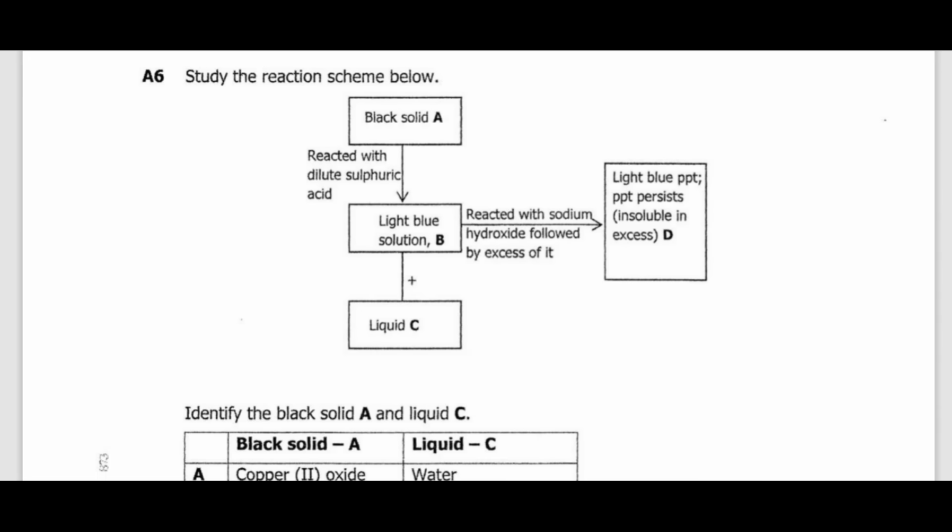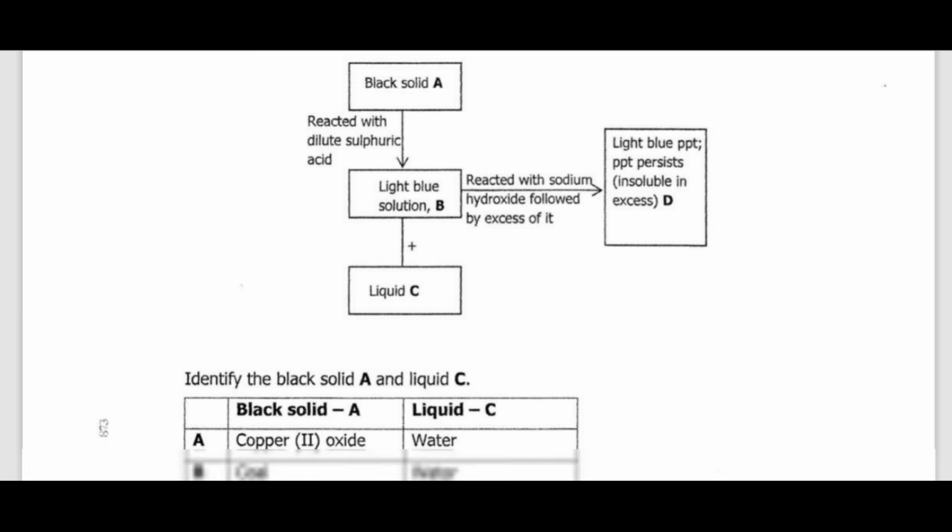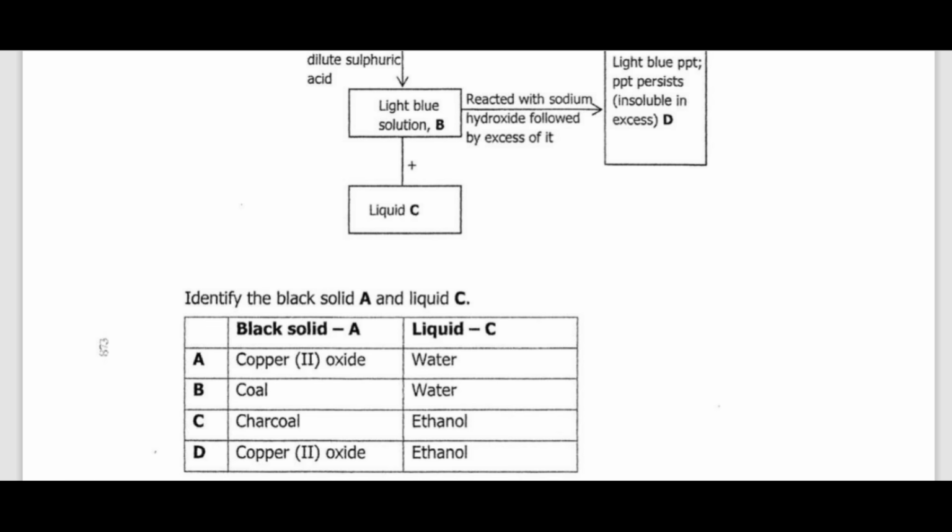6 here. Study the reaction scheme below. We have black solid A reacted with dilute sulfuric acid. Then it gave us a light blue solution B. Then it reacted with sodium hydroxide followed by excess of it, light blue precipitate. Then the precipitate persists, insoluble in excess, D. Then liquid C. Identify the black solid A and liquid C. So the black solid, we know that this is copper oxide.